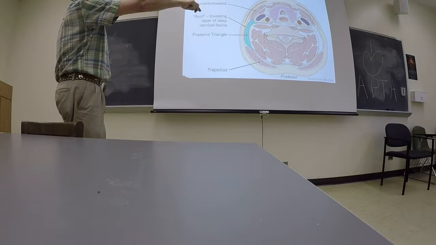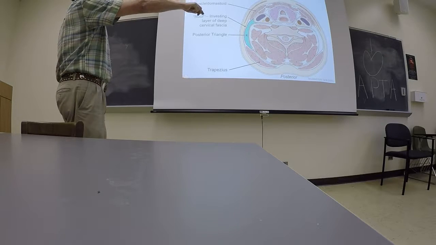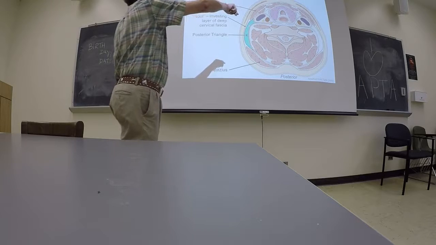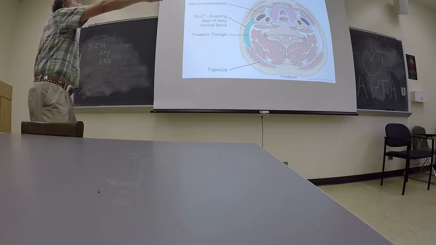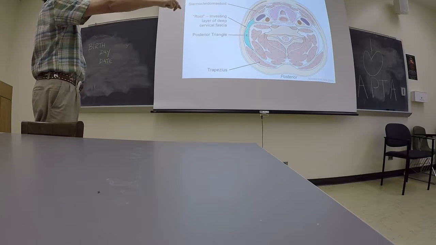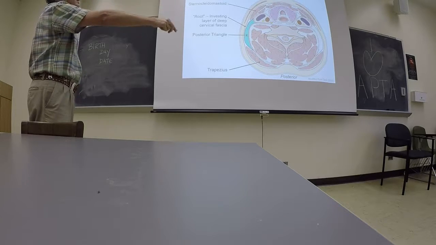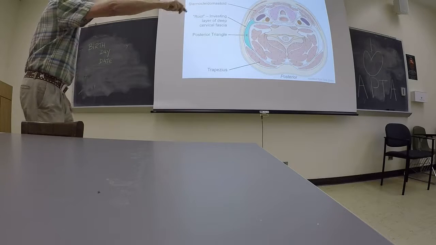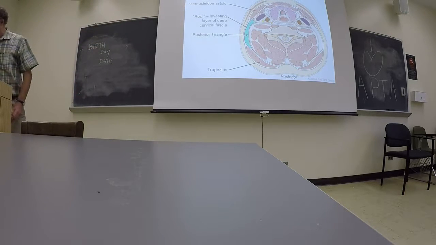So there's a very thick fascial sheath covering all the structures that are claimed to be in the posterior triangle back here, but you have to get through this thick fascia, and then there's another layer of fascia behind there, which we'll talk about in a few minutes.